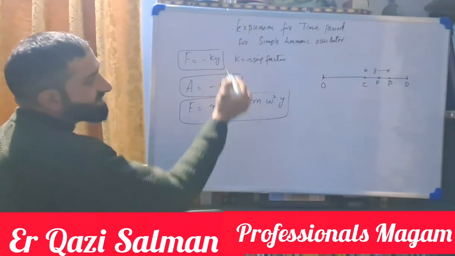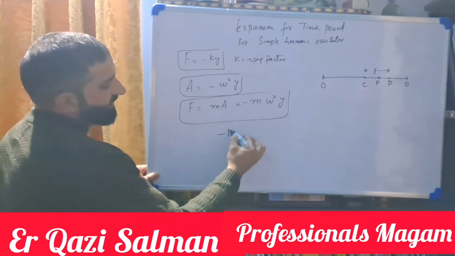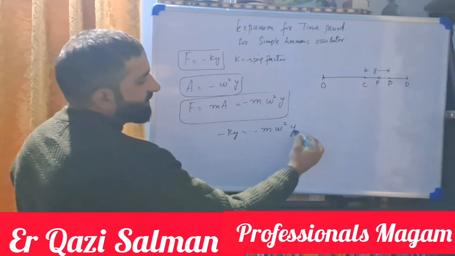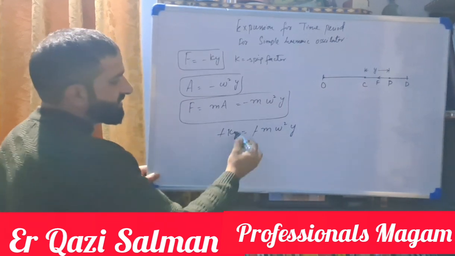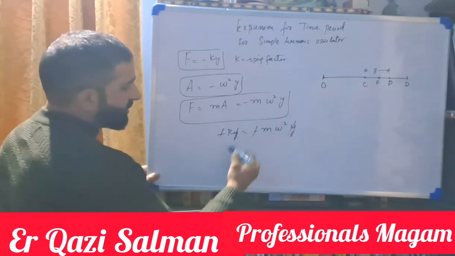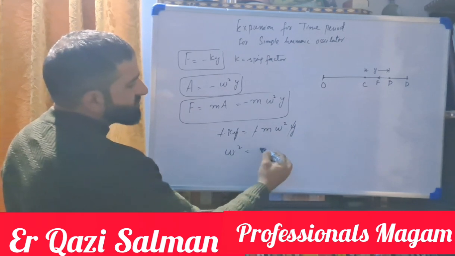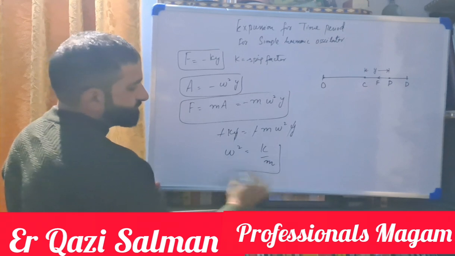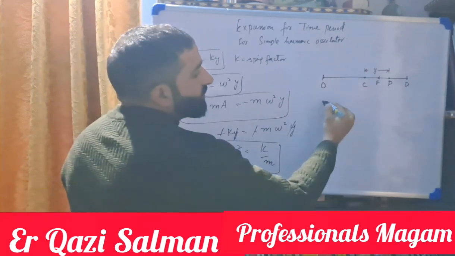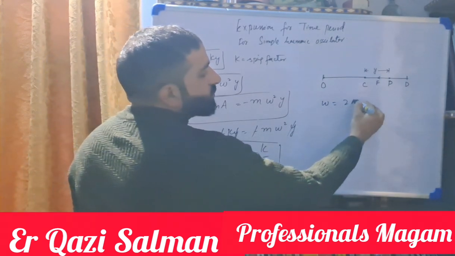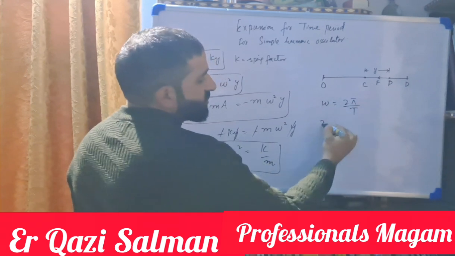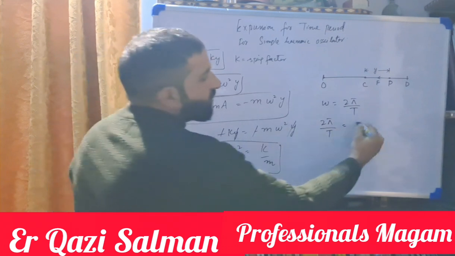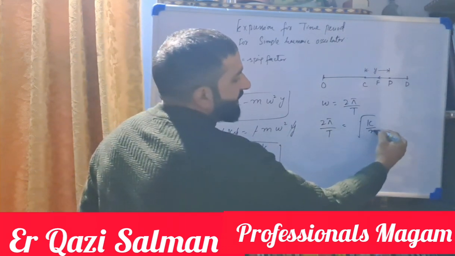Equating them, we have minus ky is equal to minus m omega square y. Minus and minus cancel out, y and y cancel out. So we can show that omega square is equal to k divided by m. Now we know that omega is equal to 2 pi divided by T. So 2 pi divided by T is equal to root of k divided by m.